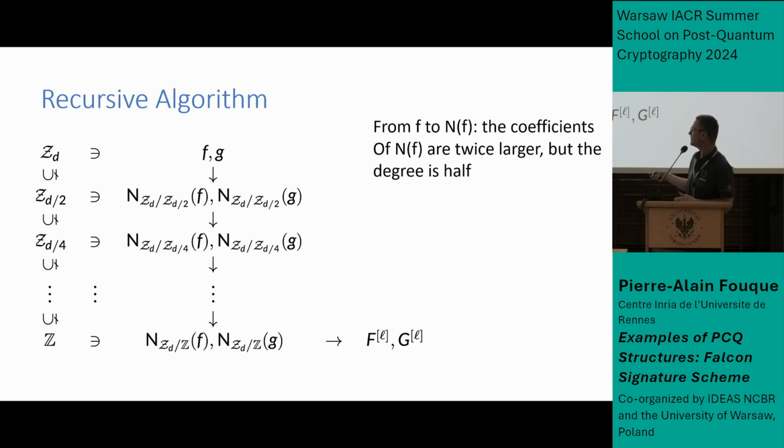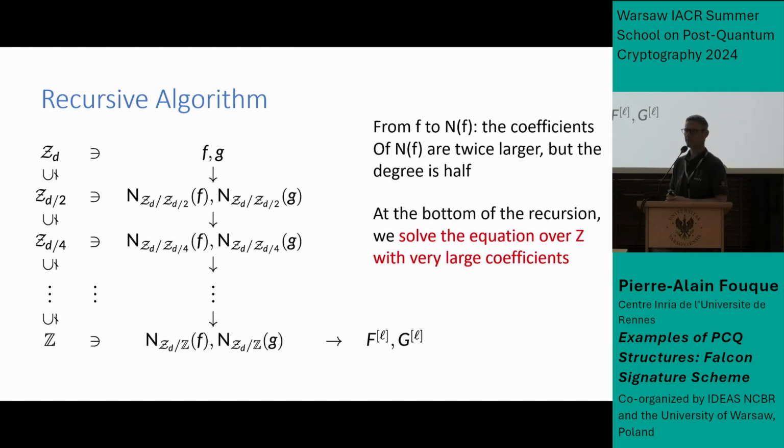Now if you want to solve the equation, it's very easy to see that it is just the extended Euclidean algorithm, because you have now two coprime values, and you just want to recover the Bezout coefficients. Once you have solved and recovered the Bezout coefficients, you just have to go up the tower of fields.